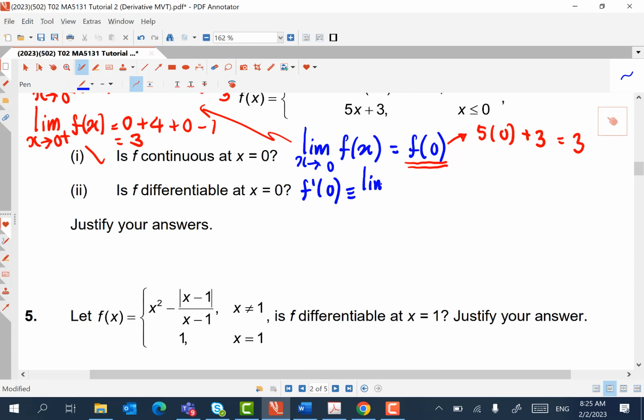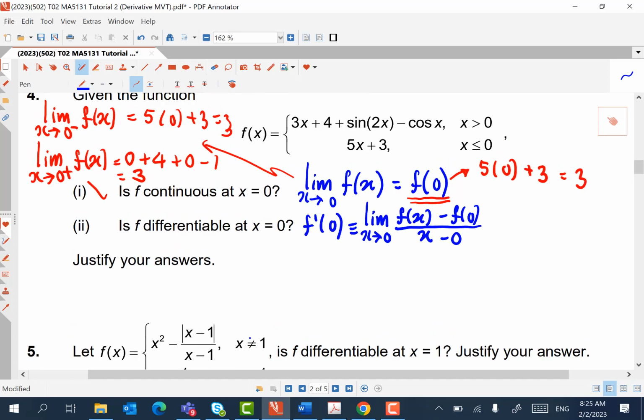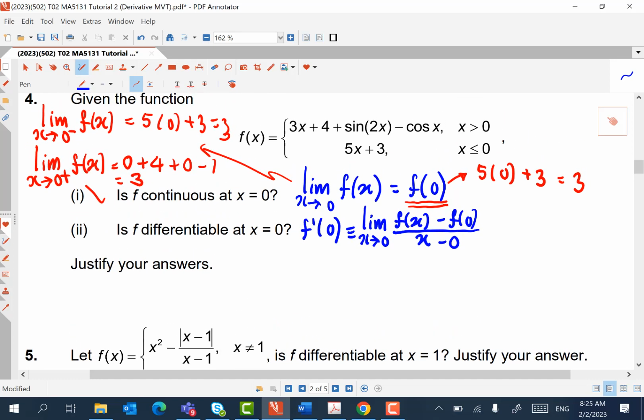The limit as x goes towards 0 of f of x minus f of 0, over x minus 0. Okay, Kaita, so from here what do we do? Right, you have to find the left limit.